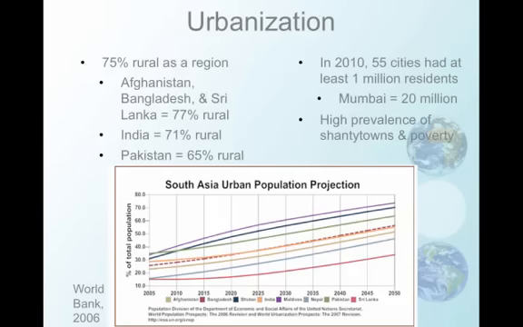Because of the high rates of poverty in the South Asia region, there is a high prevalence of shanty towns. Here we have a graph provided by the World Bank, and this dates from 2006. It shows that whereas the percent of total population for South Asian countries living in urban areas is relatively low in 2005, it is expected to grow tremendously over the next 40 or so years up until 2050.